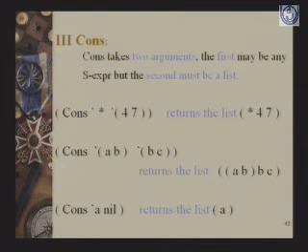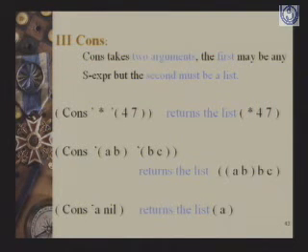So in this case, cons quoted star quoted 4 7 list. If Lisp environment executes this command, we get a new list in which star has been added as the first element, and 4 and 7 are shifted to the right. So the output of cons is a new list in which the first argument becomes the first element of the given list.